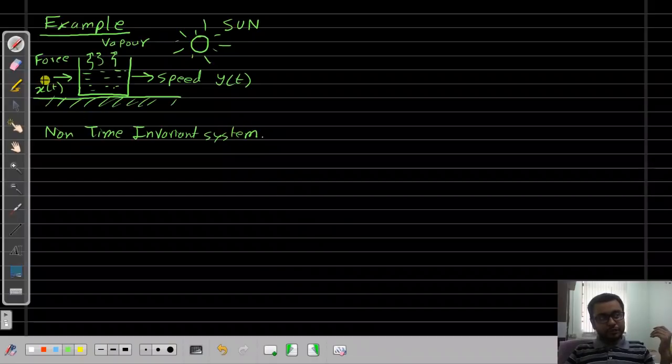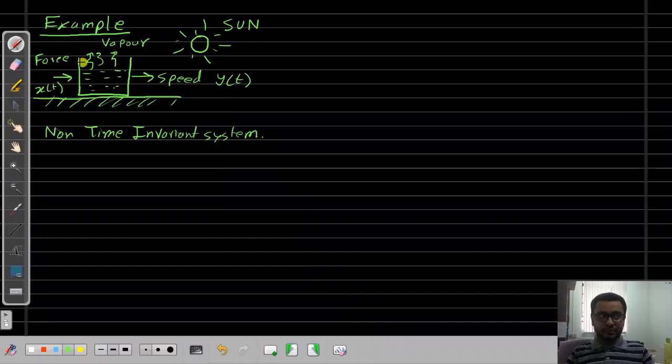Why? Because if you apply, say, some amount of force in the early morning, you shall get some amount of acceleration. But then if you do the same test after coming back in the afternoon, by that time a lot of water is evaporated, so the weight or mass of this object is reduced, and now in the evening if you apply the same amount of force, you shall get more acceleration.